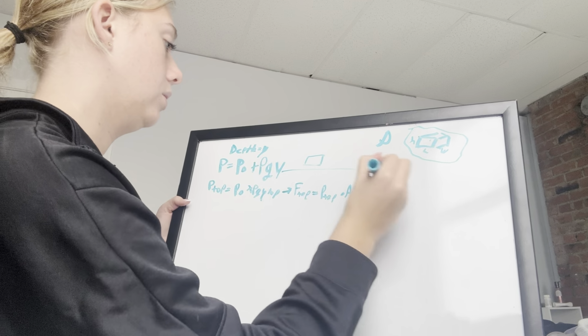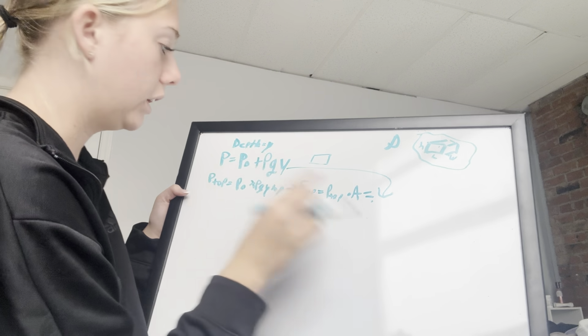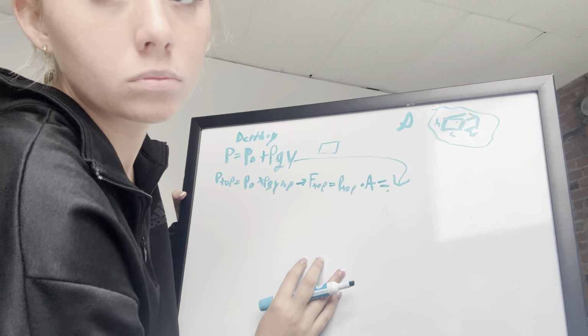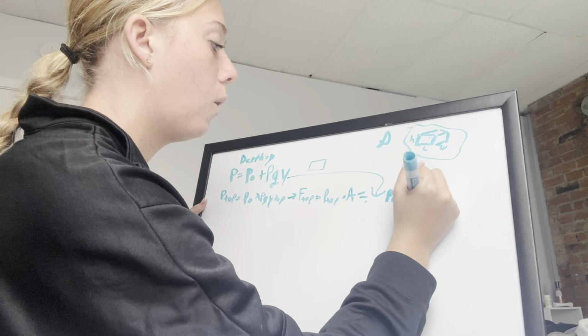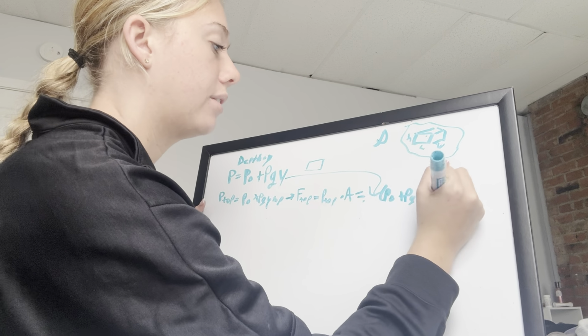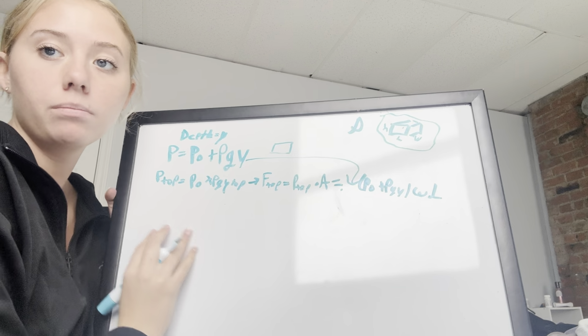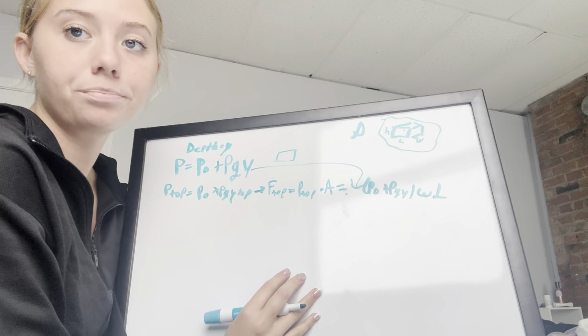It's going to be P0 plus rho g y, and then we're going to have width times length, because we need the rest of the area.